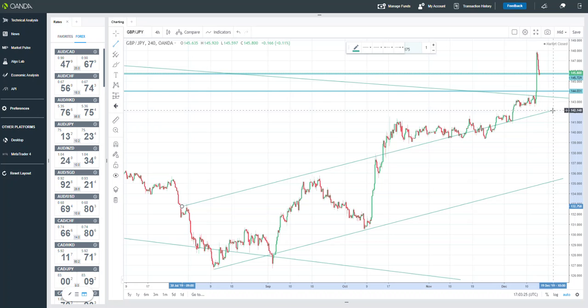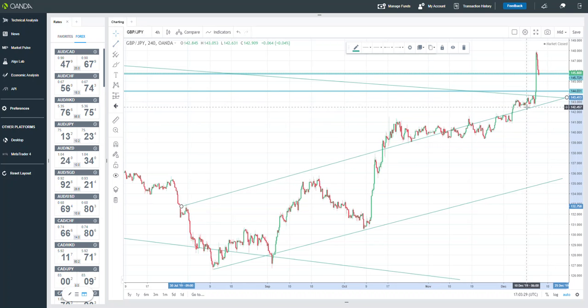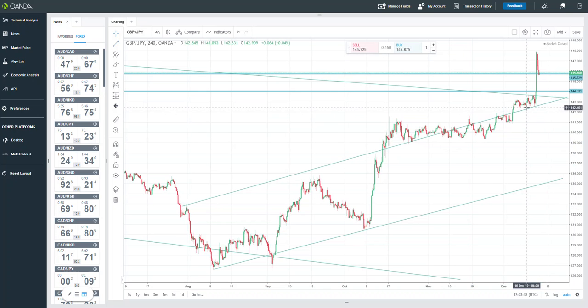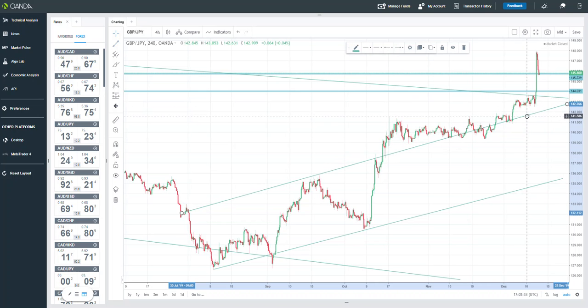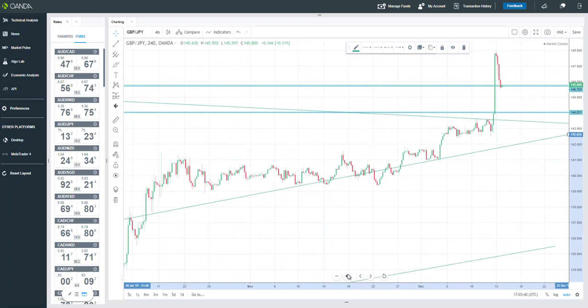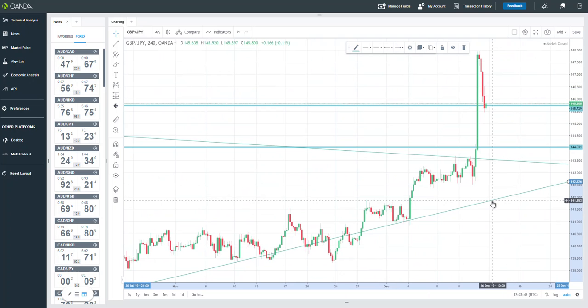Here's my trend lines. See this trend channel going up since, it looks like, September. Let's make these trend lines a little bit thicker.